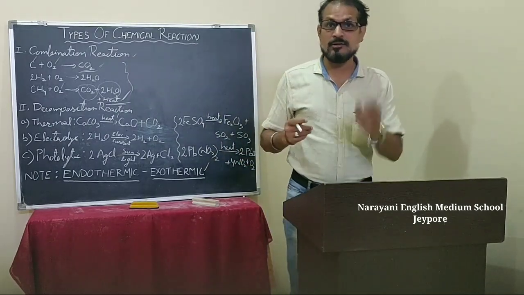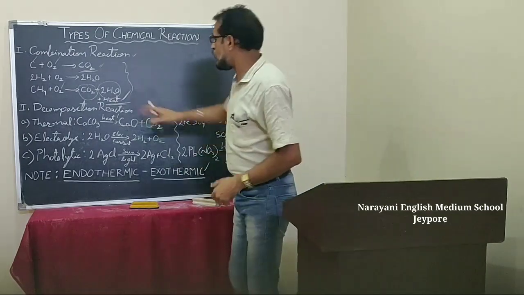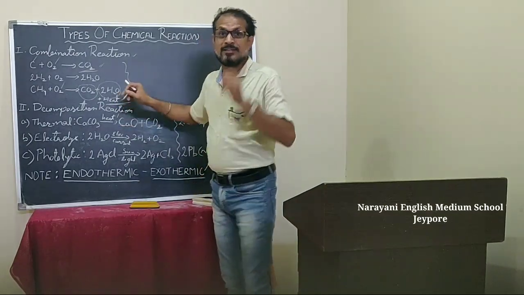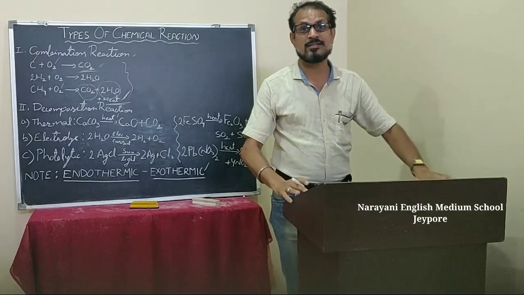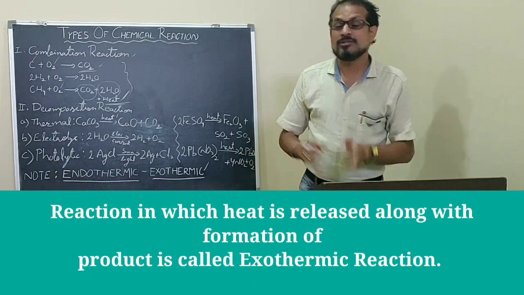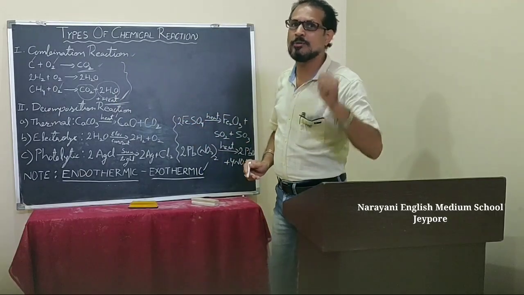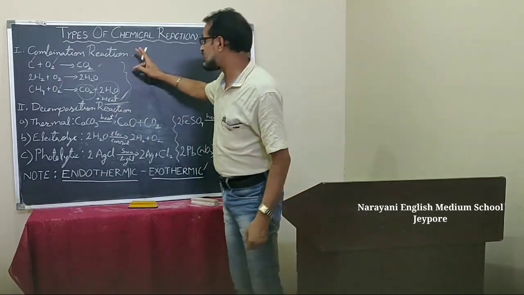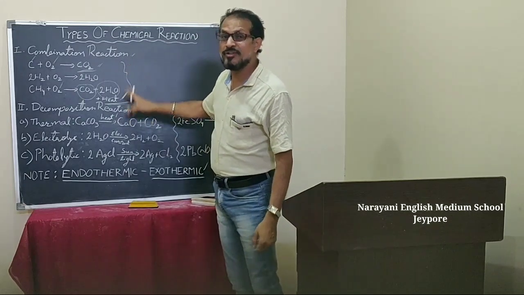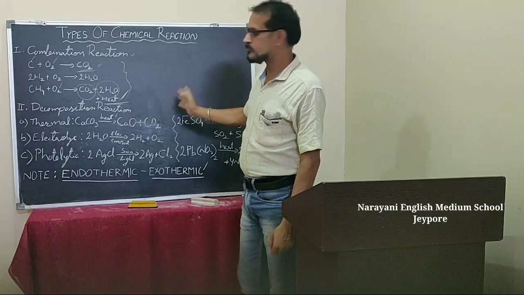Heat came out in the reaction. This type of reaction is known as an exothermic reaction, meaning the reaction in which heat is evolved. So in combination reactions, we saw one which is exothermic, where heat evolved from the reaction.